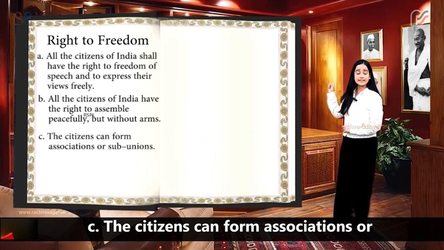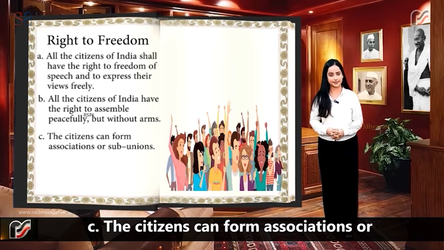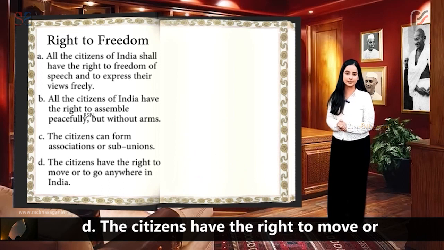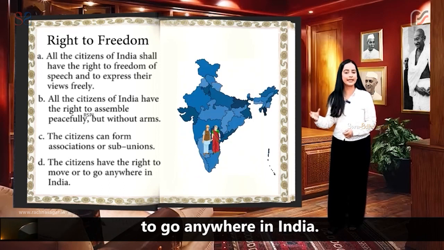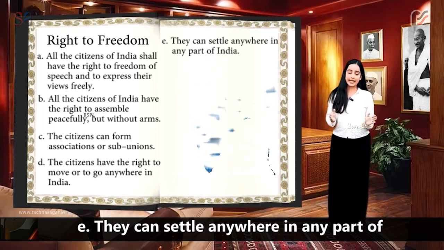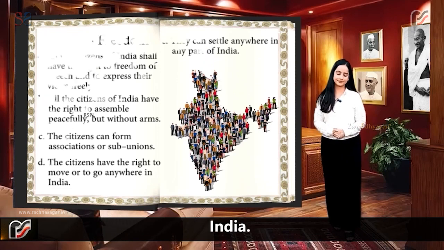C. The citizens can form associations or unions. D. The citizens have the right to move or to go anywhere in India. E. They can settle anywhere in any part of India.